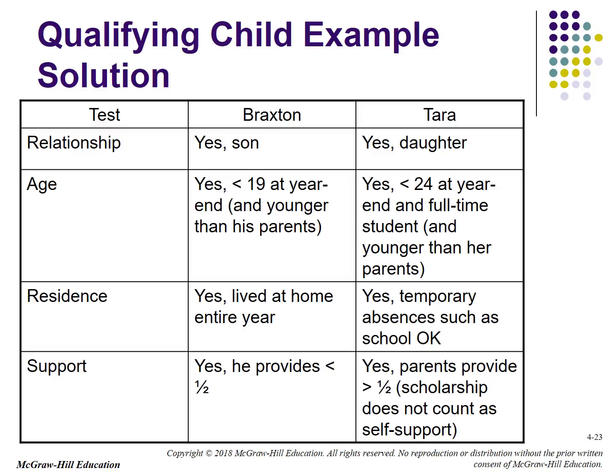And support. Her parents provide more than half of her support. So she does not provide more than half of her own support. So this test is met for Tara as well. So she is her parents' qualifying child on the tax return.